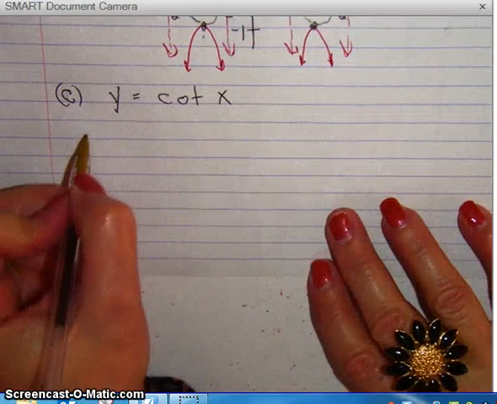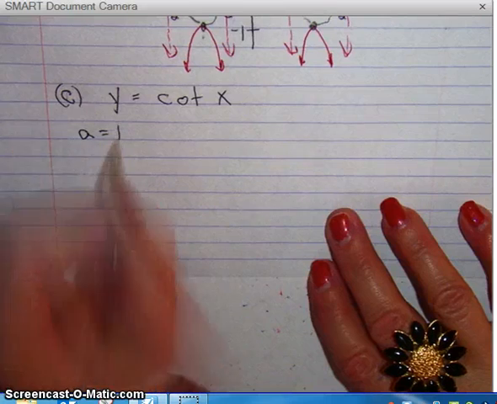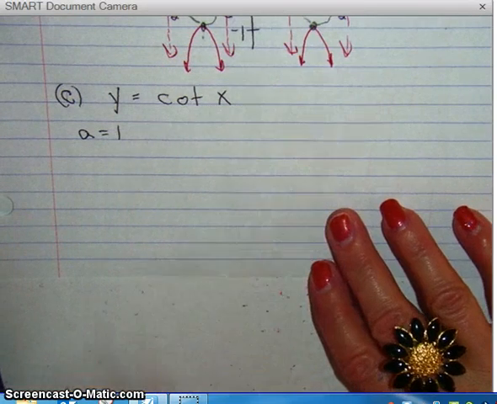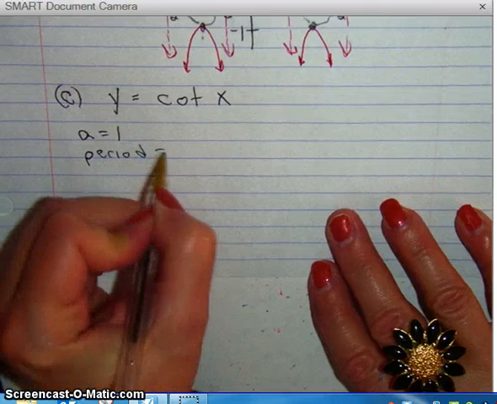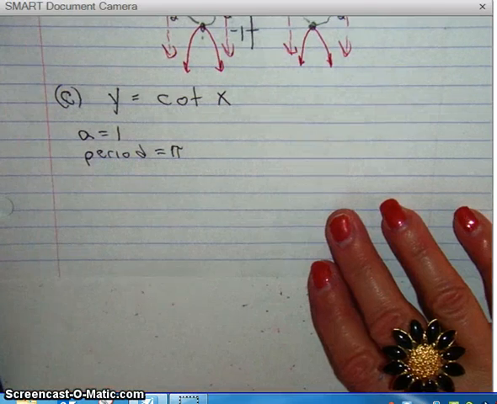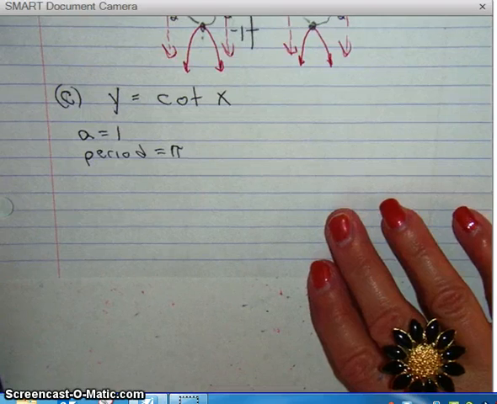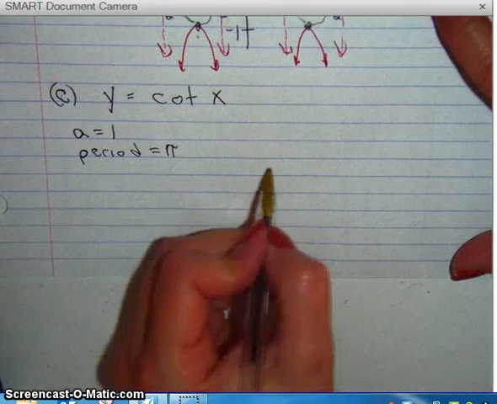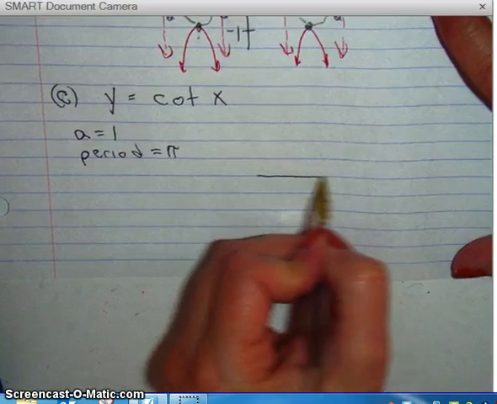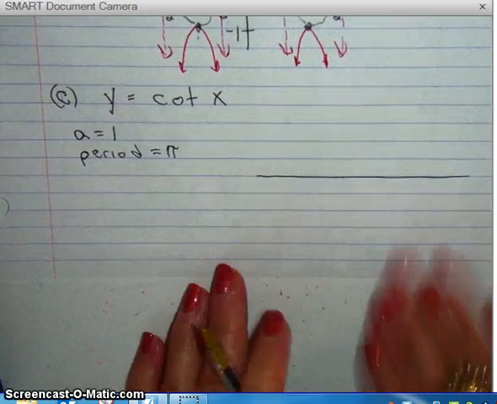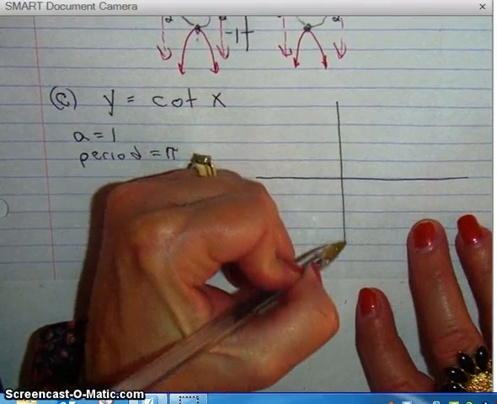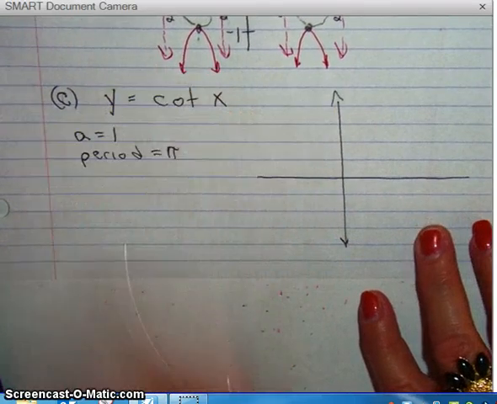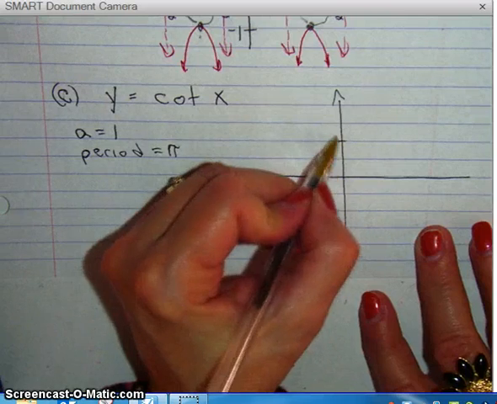This one, the A value is still 1. Period is still pi. Okay. Now, here's what happens. Draw your axes. A value is 1.